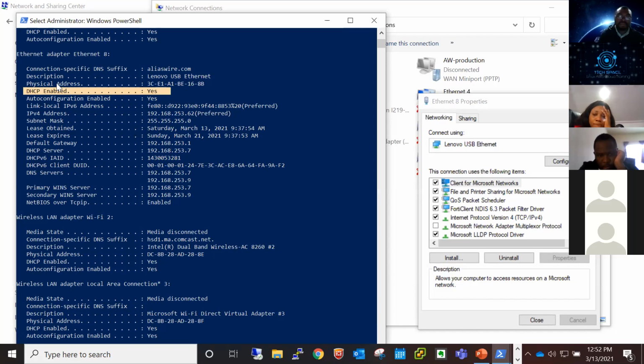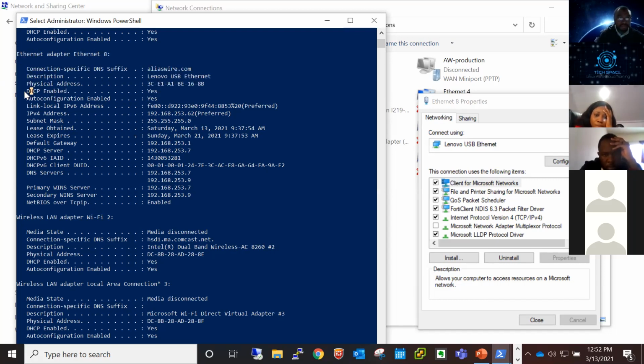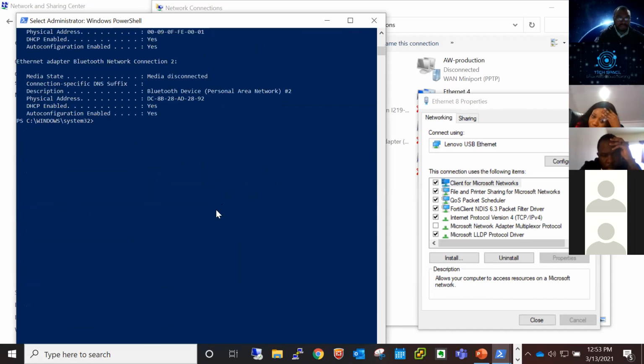Yes, we see. DHCP enabled. Yes, sir. So now we have configured static. So let's go back and run this command again and see what it will give us for this Ethernet adapter, Ethernet 8, if it tells us either DNS or static or permanent. This is the line that we're looking for, and that means we should have verified that we do have a static IP address.